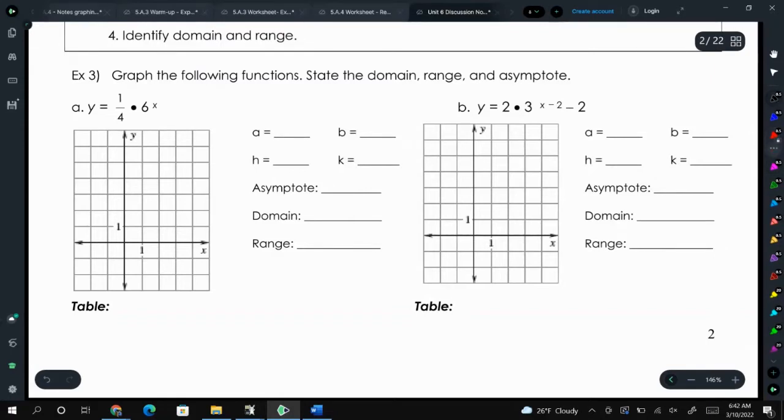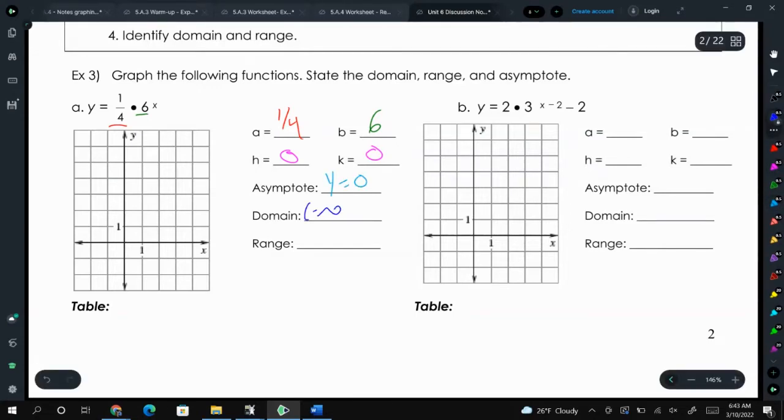So first, let's identify our values. A is 1/4. B is 6. We don't have an h or k value, so those are both 0. Our asymptote is always going to be y equals 0 unless we have a vertical shift up or down, and then that will change our asymptote. So that'll be y equals 0.